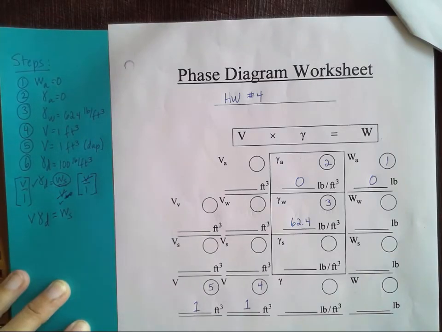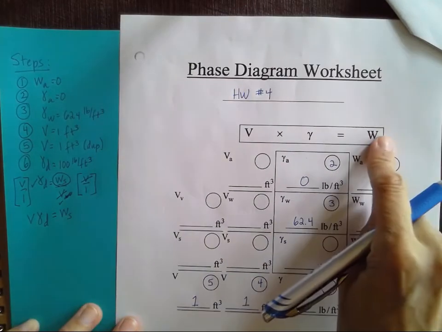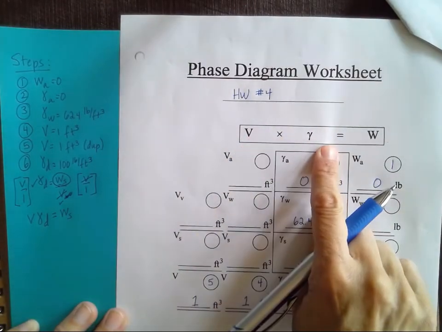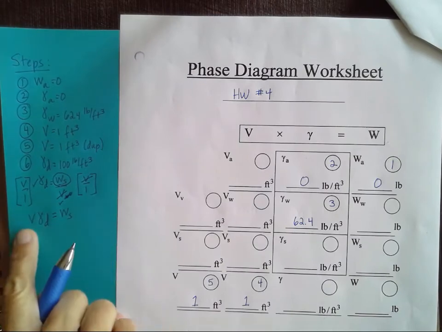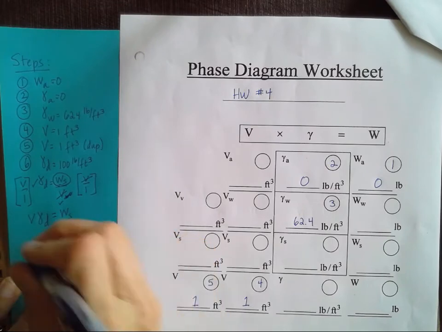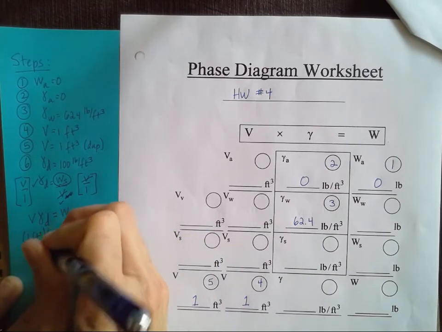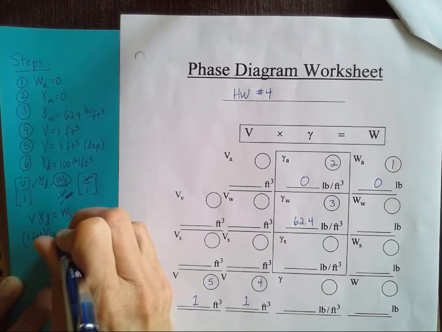And if we take a look, remember our overall equation here, that weight is equal to volume times gamma. So that seems to make sense, and those units are going to work out okay. So let's put our values in here. Remember, our volume is just 1 cubic foot, and my gamma D is 100 pounds per cubic foot.